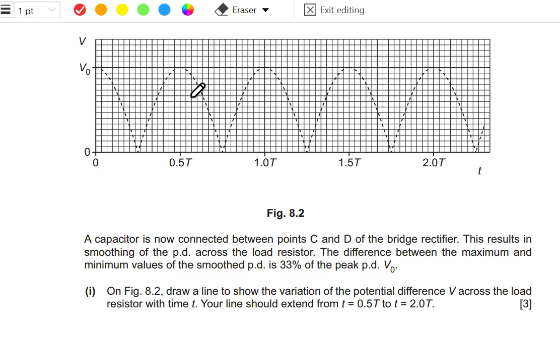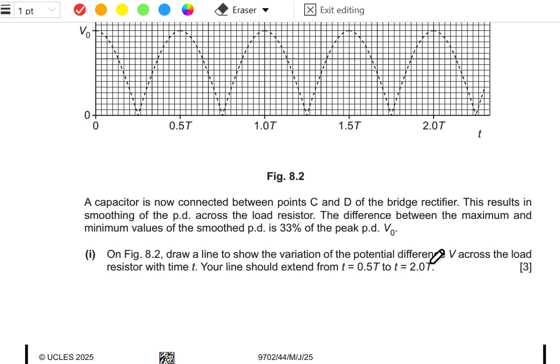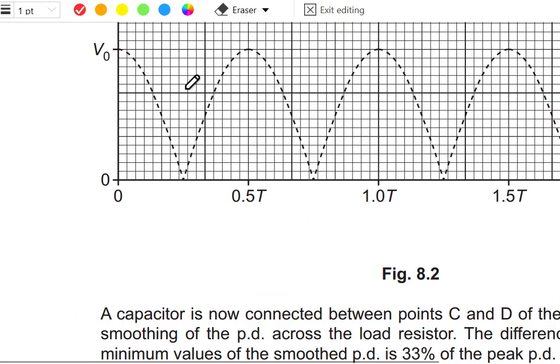And if we look carefully here, we can find that there are 3 small squares, so 33% is a third.